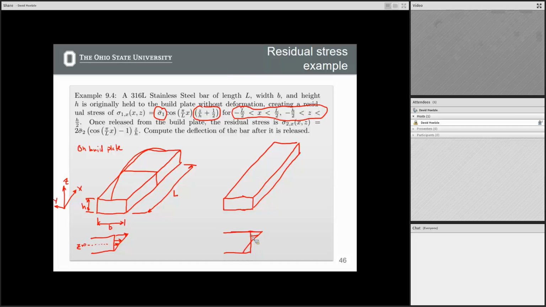Okay, so compressive stress at the top, and then tensile stresses at the bottom of the part. That's represented by just this linear equation, where if z is equal to 0, that'd be the neutral axis, where we had no stress.